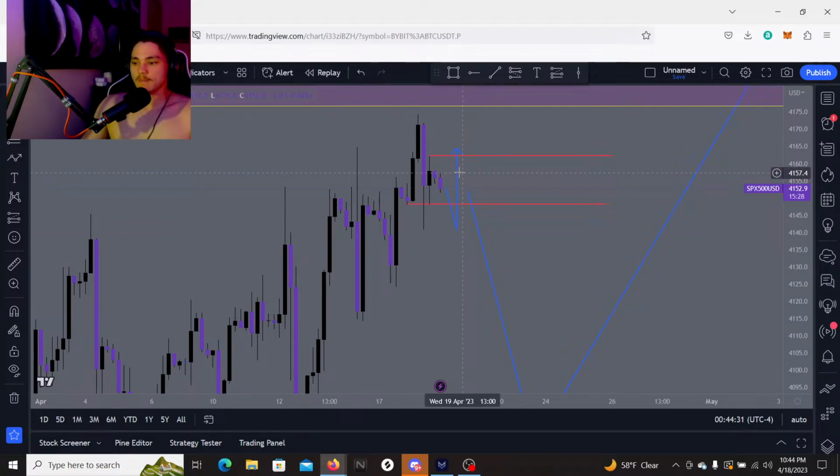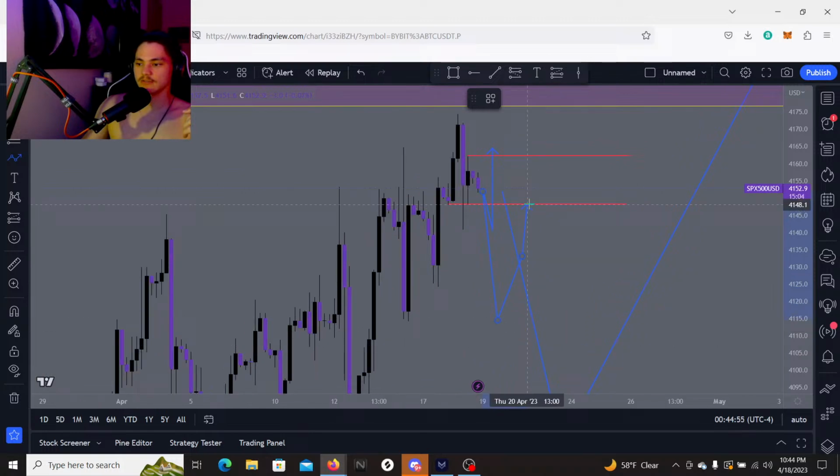If not, and this is all dependent on London, we could see something more along the lines of price sweeps either this liquidity or even this liquidity, and then kind of plays around, maybe even comes and tests all the way back up to here before a skyrocket down.